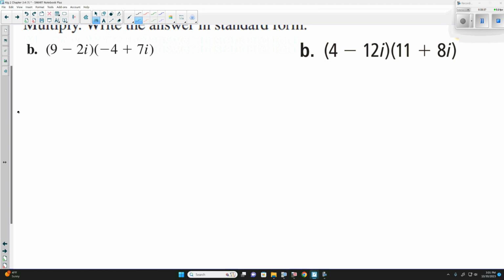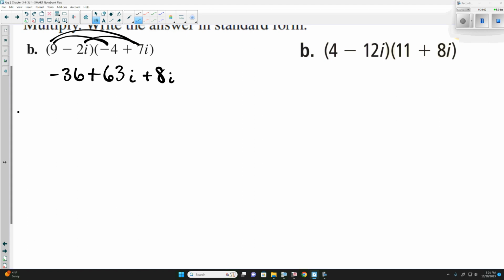All right, let's look at the next one. 9 minus 2i times negative 4 plus 7i. So if we did this by hand, we would distribute the 9 first. 9 times negative 4 would be negative 36. 9 times 7i would be plus 63i. Negative 2i times negative 4 would be plus 8i.